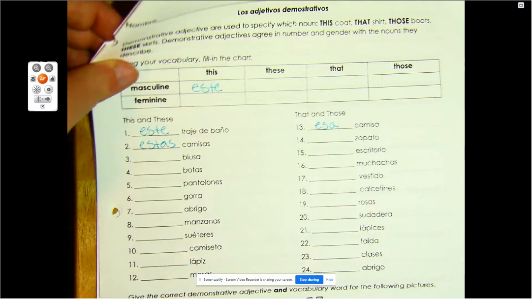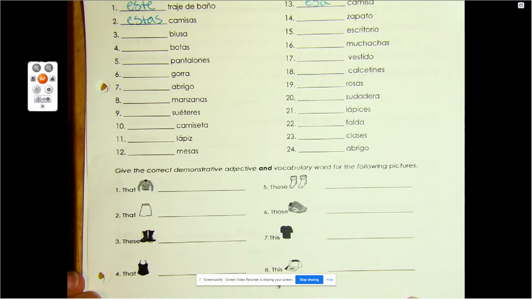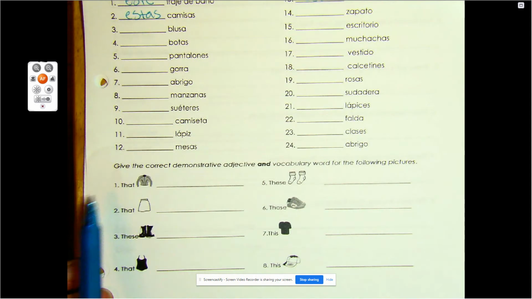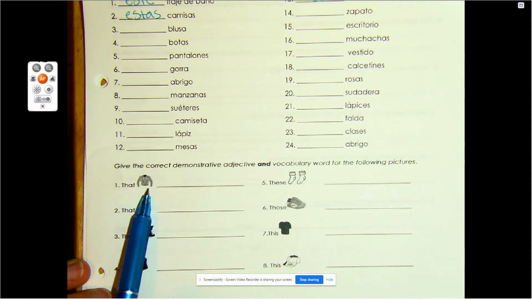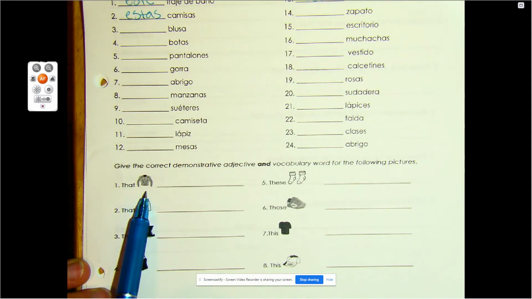Okay, and then down at the bottom, you just have a few to do completely on your own. So you're going to look at the picture. Number 1, there's a couple ways you could interpret it, but saying that coat or jacket. I actually want to say jacket, but we'll just go with coat.